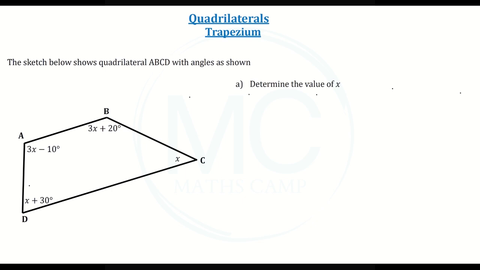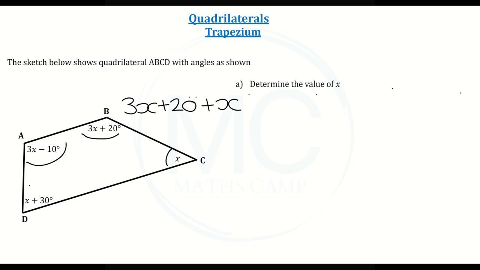We have just said that if we add up all the interior angles of a trapezium, we'll get the sum of 360 degrees. And we can use this idea to solve for x. Angle B is 3x plus 20, so we can say 3x plus 20 degrees. Angle C is x, so we say plus x.